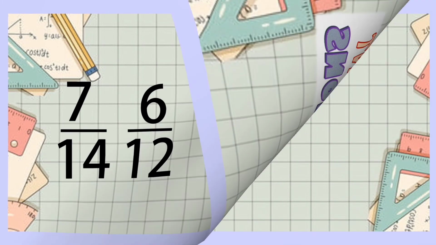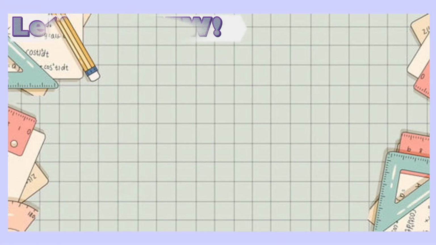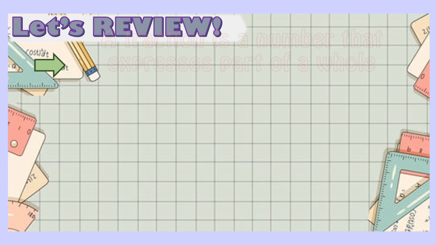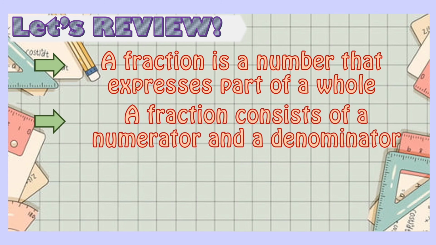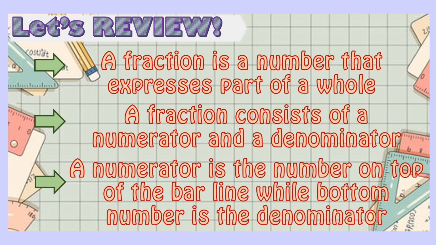Now let's have a review. A fraction is a number that expresses part of a whole. A fraction consists of a numerator and a denominator. A numerator is the number on top of the bar line, while the number at the bottom is the denominator.